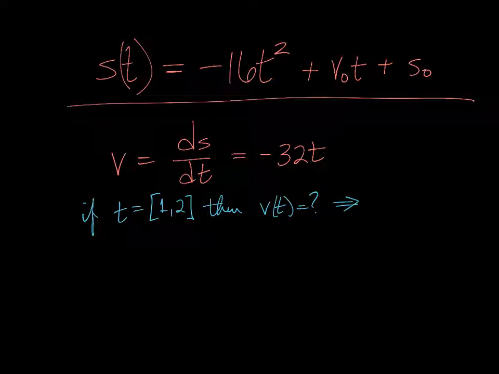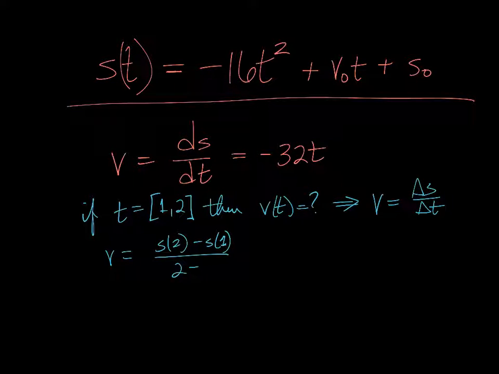You're going to have your, I guess, your ds per dt, so to speak. So speed would be your s at 2 minus your position at 1 over 2 minus 1, because I actually know the time values in that case. Now, I'm just going to give away the numbers because you could easily compute what the values would be when you put 2 and 1 into the box.